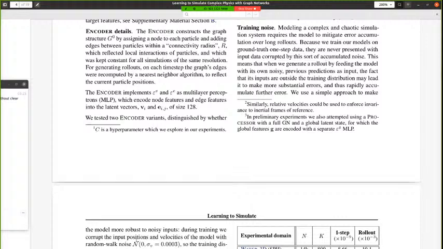What they do is they add noise to the inputs during training, and the rationale is that if you do a rollout, like you take the output of the network, which is a prediction for the next state, and you feed that back into the network, you want the network to become slightly robust to small errors in its input and still predict the output.